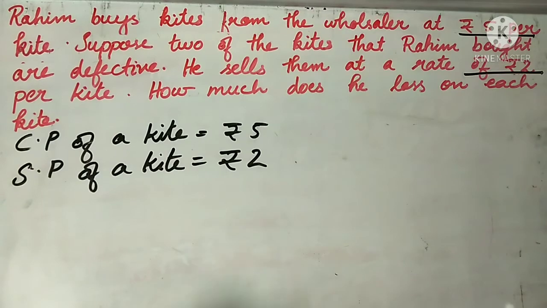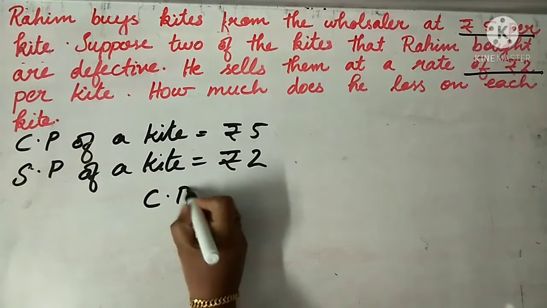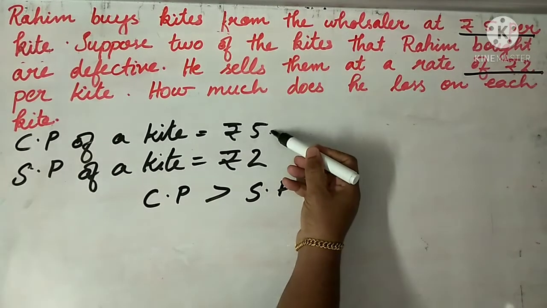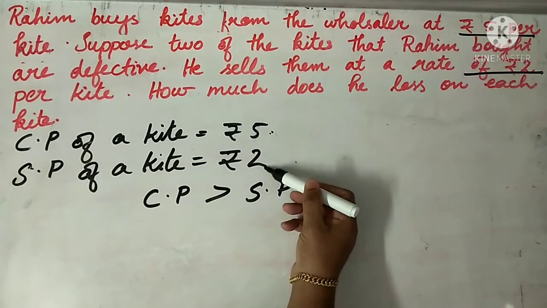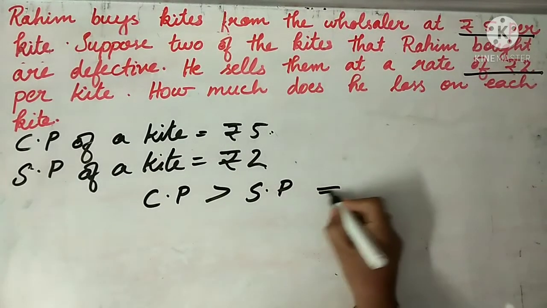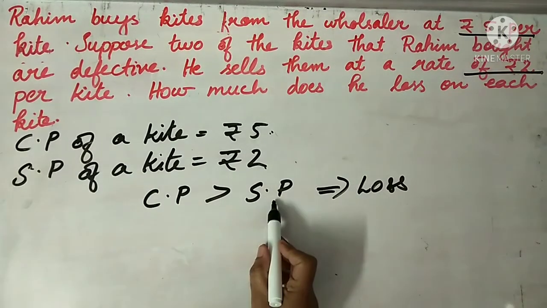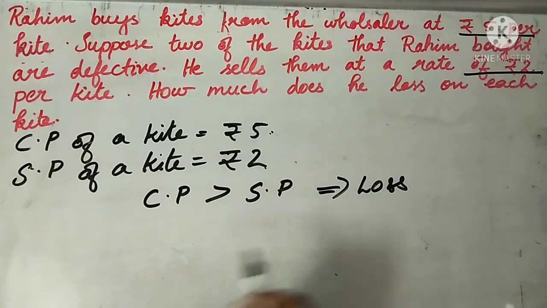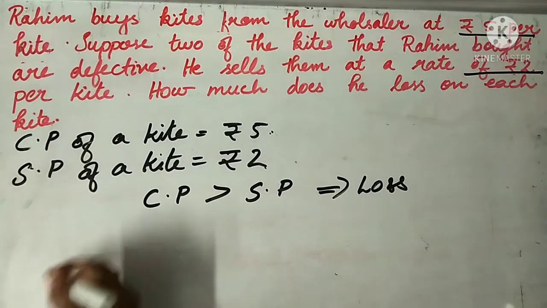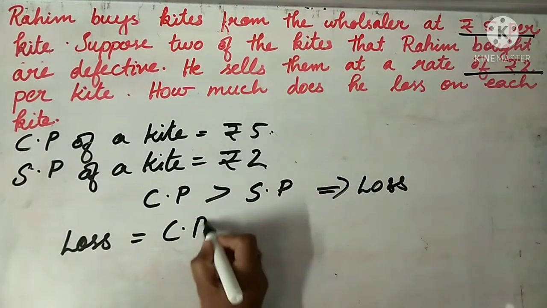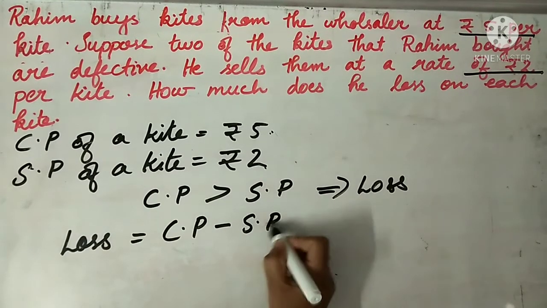From this, it is clear that CP is greater than SP. Cost price is greater than selling price. From this, we can say that there is a loss. When CP is greater than SP, there is loss. To find how much is the loss, we can use the formula loss is equal to CP minus SP.